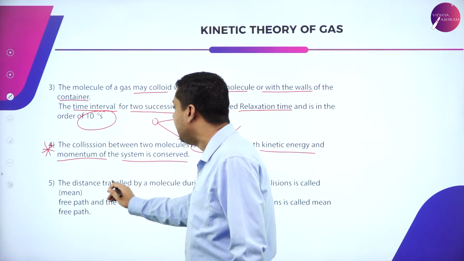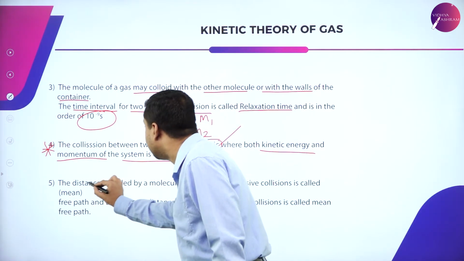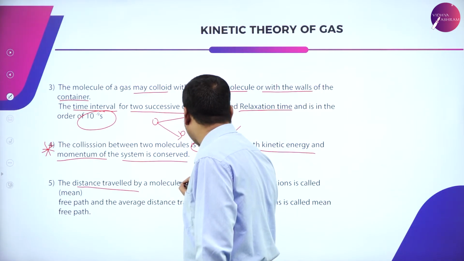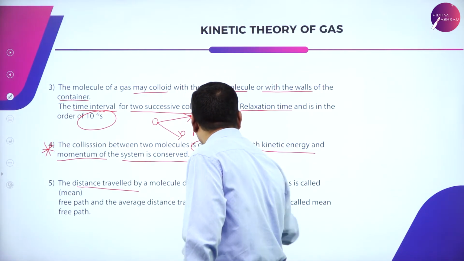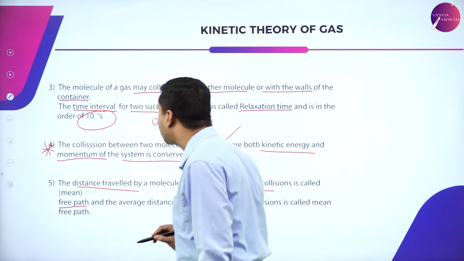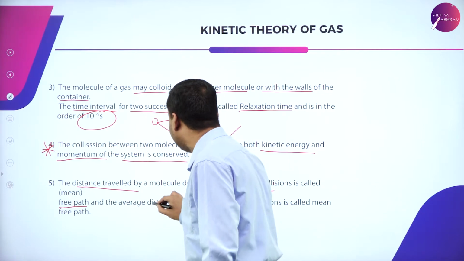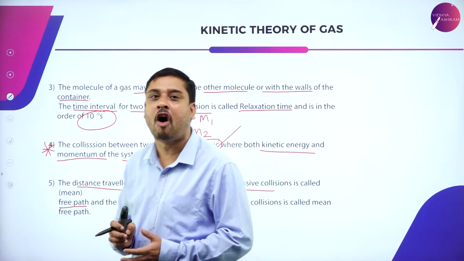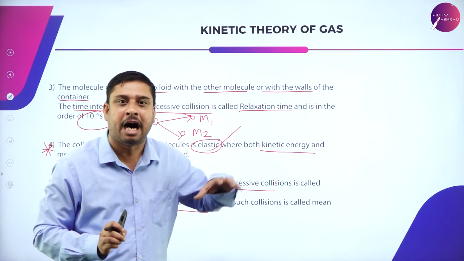And the last one: the distance traveled by a molecule during successive collisions is called the free path, and the average distance traveled is called the mean free path.